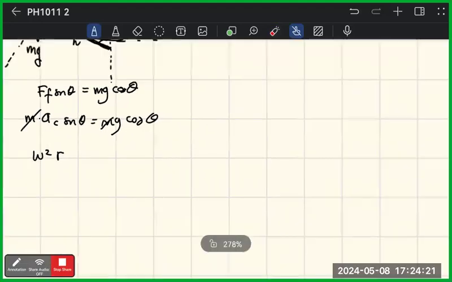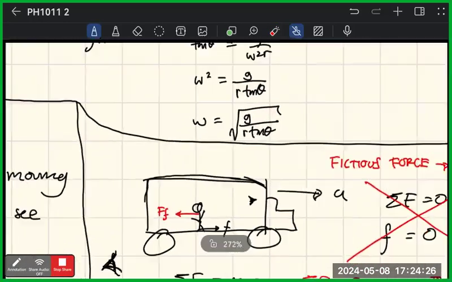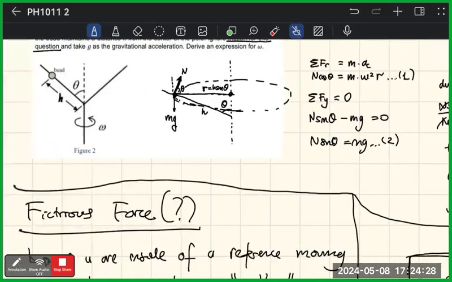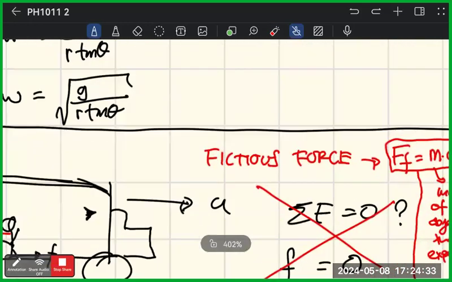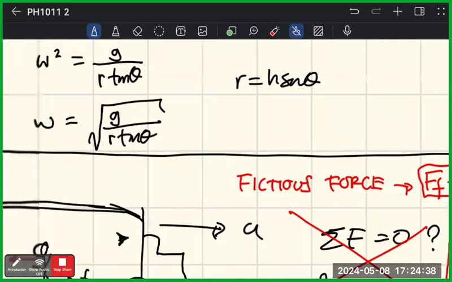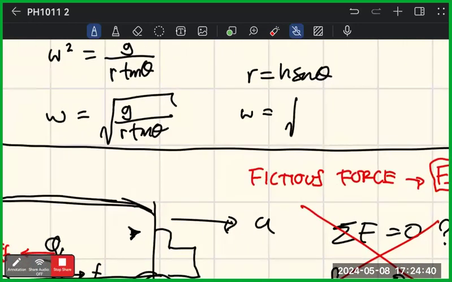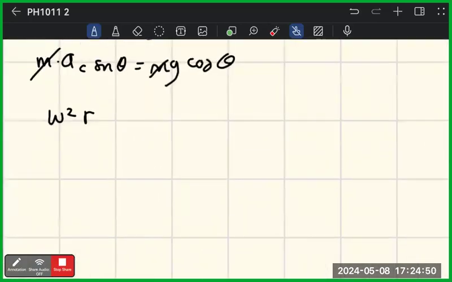So the r here is, wait, we haven't finished this actually, because the r here is h sine theta. So r is h sine theta. Let's continue on this. Omega squared r sine theta equals g cos theta.